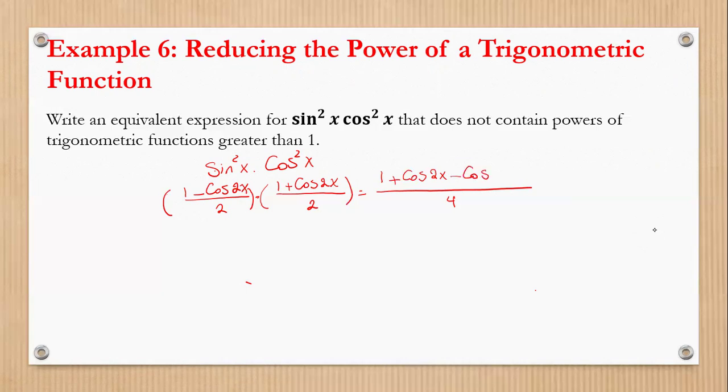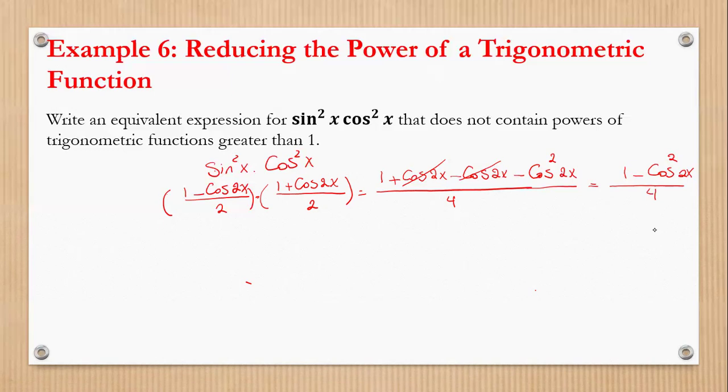And negative cosine of 2x times positive cosine of 2x, which is cosine square of 2x. These two are like terms and can cancel each other. So I have 1 minus cosine square of 2x over 4.